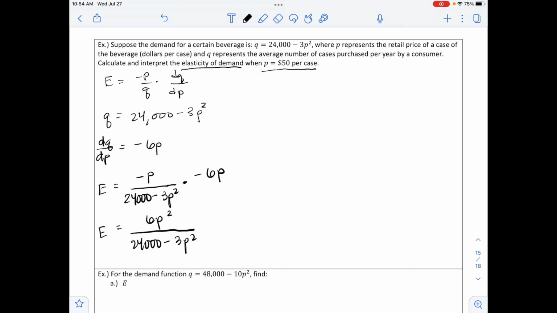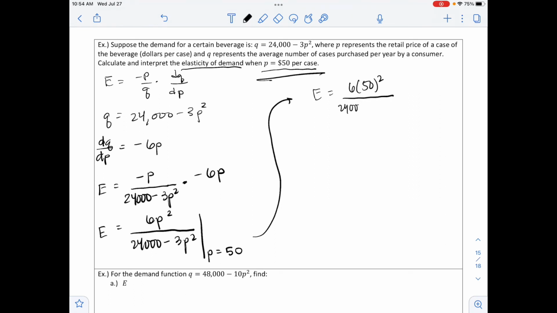And we want to know what the elasticity is going to be when the price is $50 per case. So we're going to evaluate this when p is equal to 50. Substituting in 50, we arrive at E equals 6 times 50 squared over 24,000 minus 3 times 50 squared.